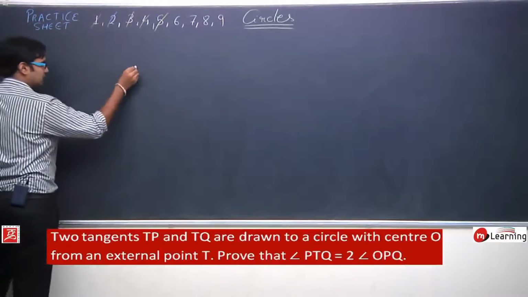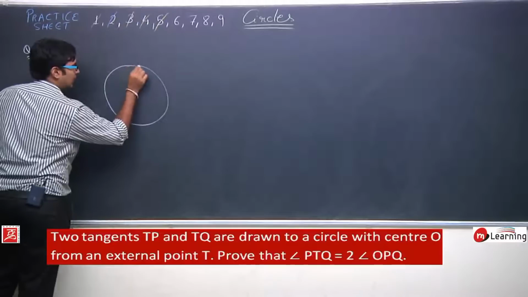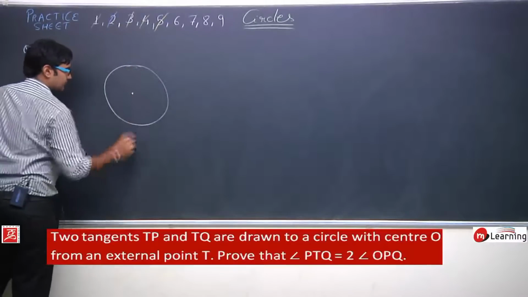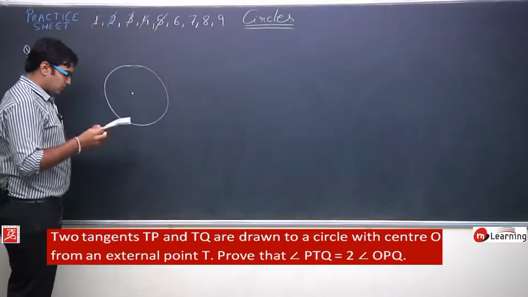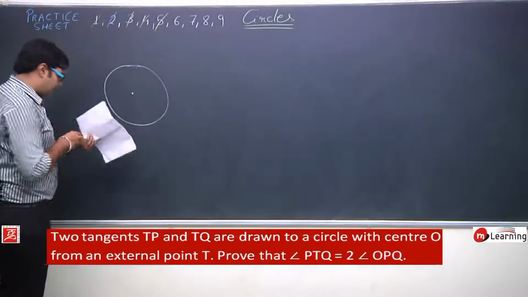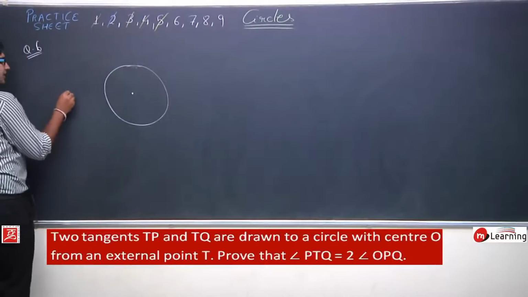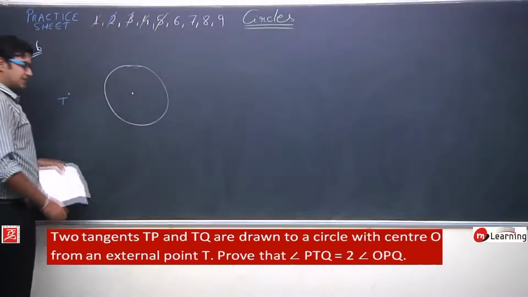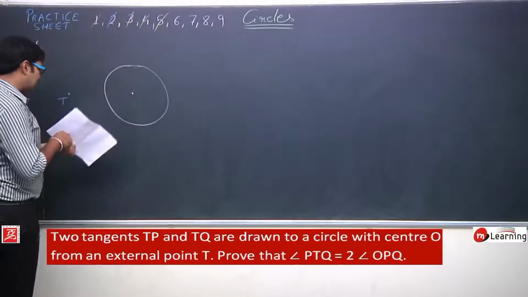So there is a circle like this, and on this circle two tangents are drawn from an external point T. There is an external point T and two tangents are drawn from this point T, that is TP and TQ.